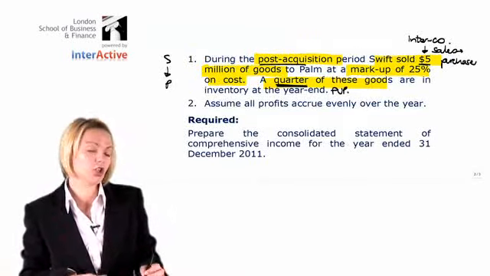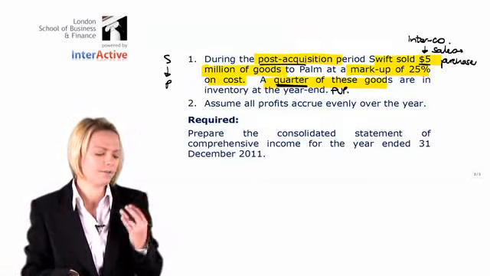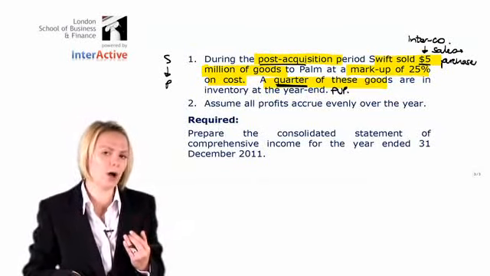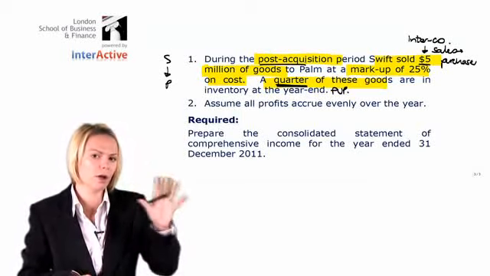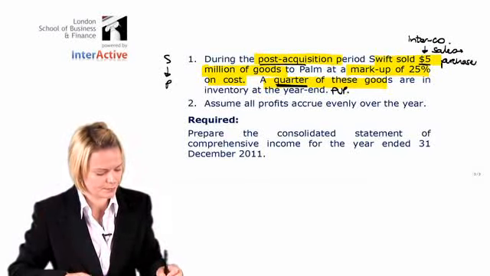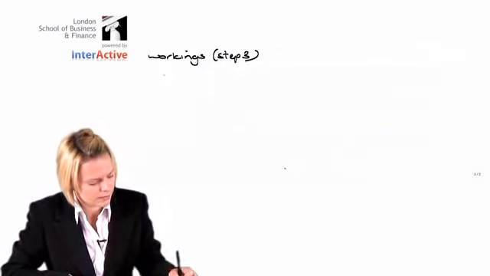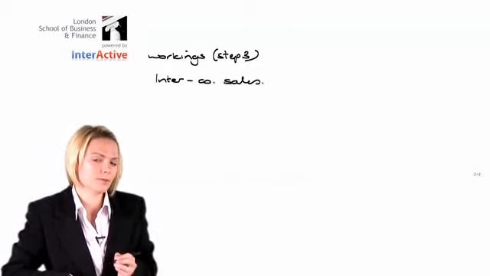Now, we said that during the post-acquisition period, Swift sold $5 million worth of goods to Palm. Stop there. We need to eliminate those post-acquisition sales between group companies. So, intercompany sales.